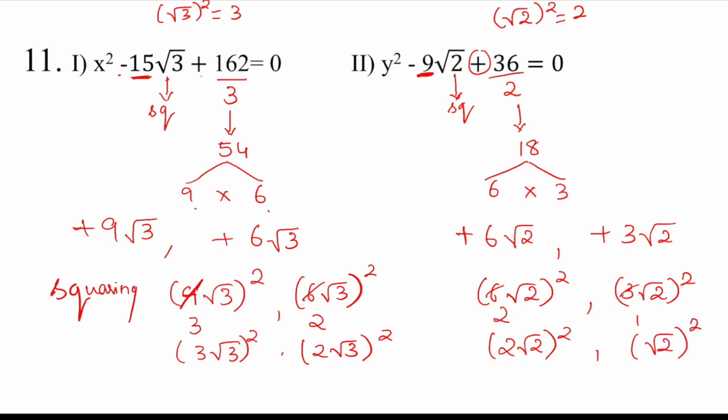Now we can write 3 square is 9 into 3 is 27 plus, okay, plus 2 square is 4 into 3 is 12, 2 square is 4 into 3 into 2 is 4 2s are 8, then root 2 square is 2. So this is also plus plus. Now if you see, x values are 27 and 12 and y values are 8 and 2.